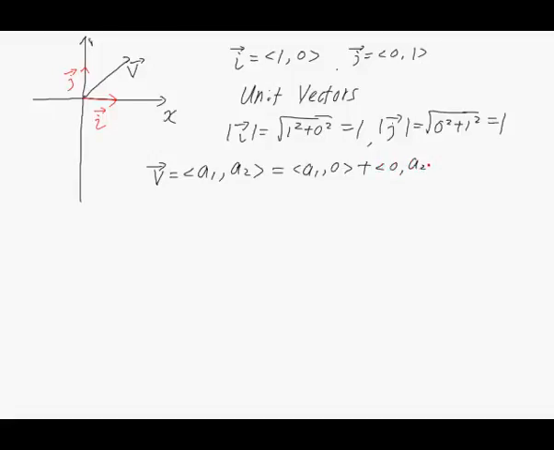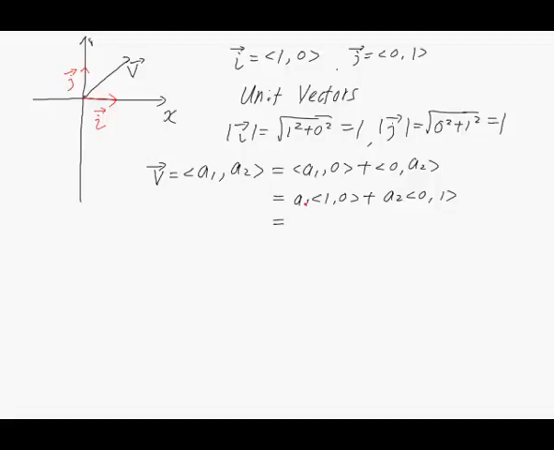These are the horizontal component and the vertical component of this vector v. We just write vector v as the sum of its horizontal component and vertical component. The first can be written as a1 times (1, 0). The second can be written as a2 times (0, 1).